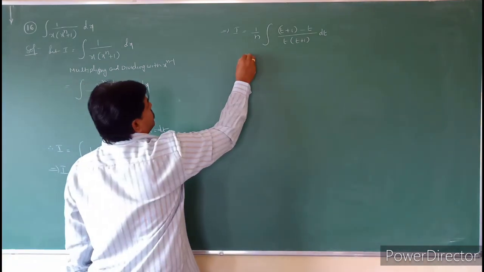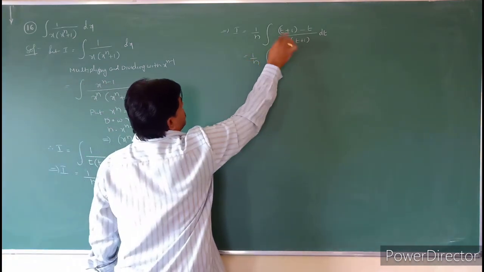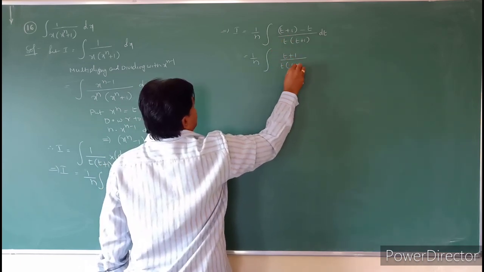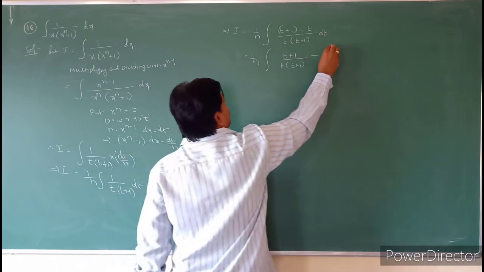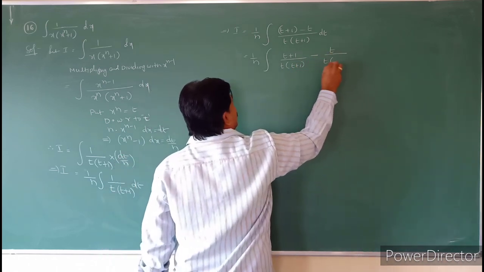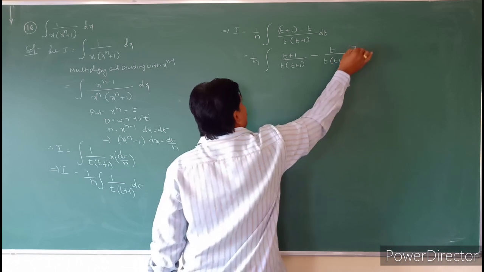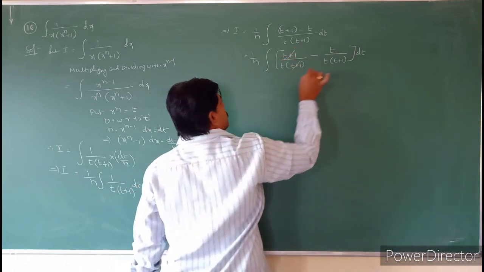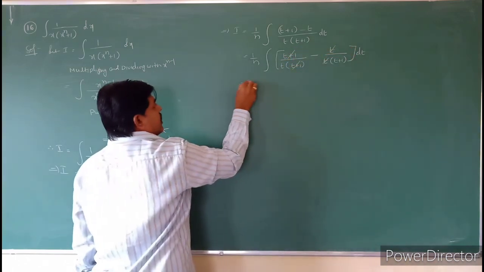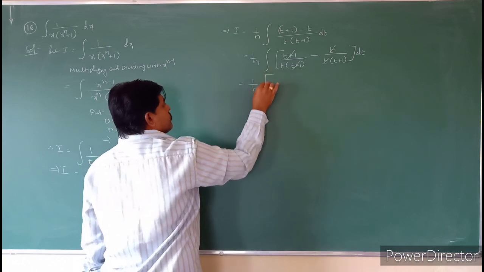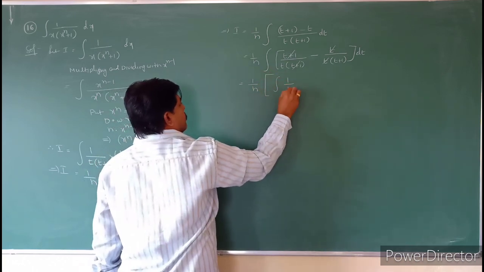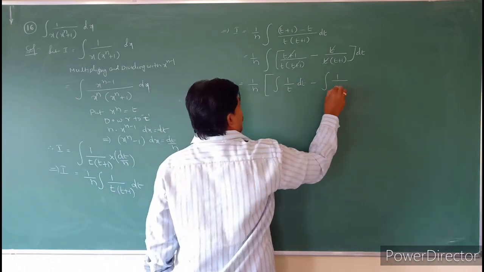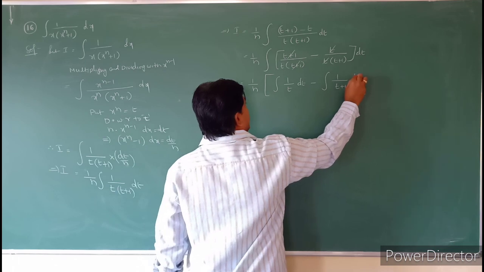So that is equal to 1 by n into the integral of, separate the terms, t plus 1 minus t by t into t plus 1 into dt. So t plus 1 will be cancelled, t will be cancelled, you will get 1 by n integral of 1 by t into dt minus integral of 1 by t plus 1 into dt.